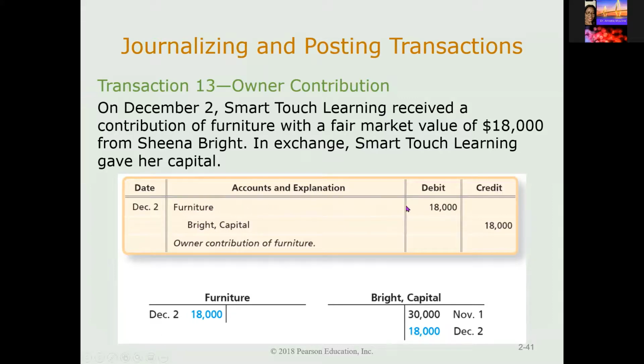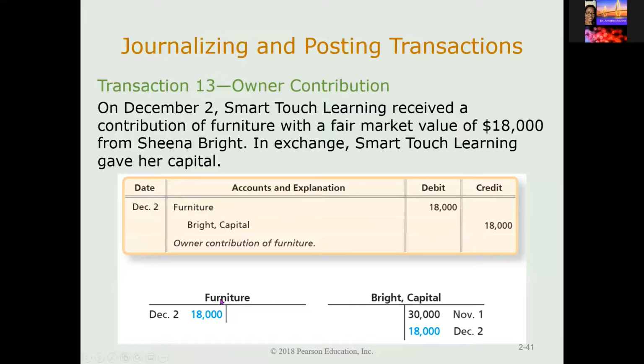Furniture increases with a debit of $18,000 because it is an asset account, and capital is credited $18,000, which increases with a credit.